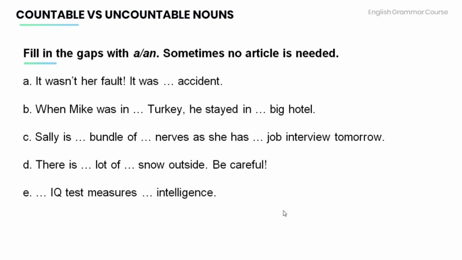Now read the following sentences and fill in the gaps with a or an. Note that sometimes no article is needed. A. It wasn't her fault. It was accident. B. When Mike was in Turkey, he stayed in big hotel.